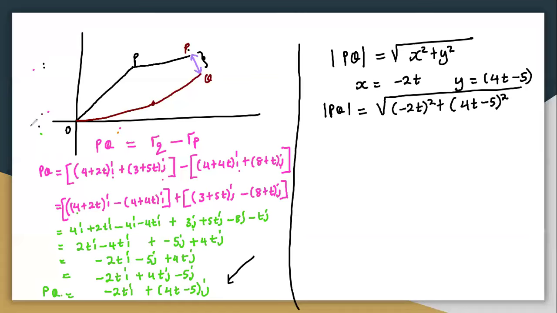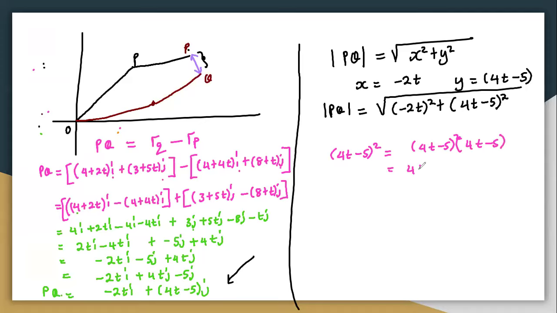So what you can do is first do your side work. There is no problem. You say 40 minus 5t squared is the same as 40 minus 5t times 40 minus 5t. Let me multiply it like that.